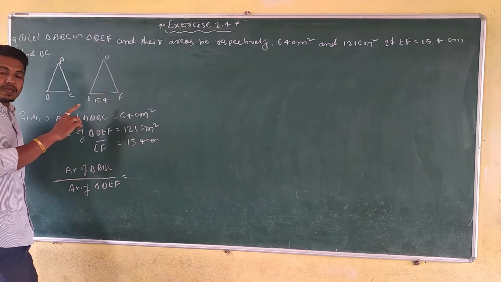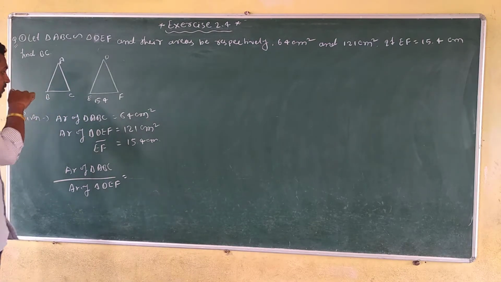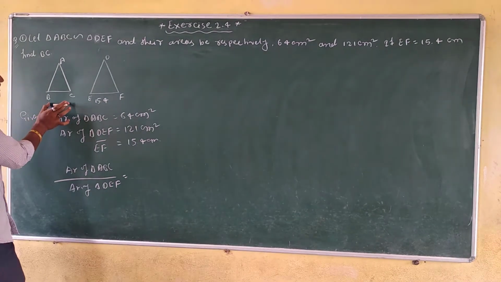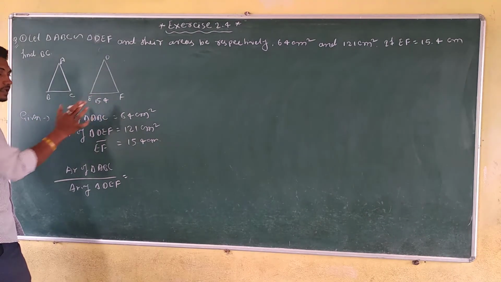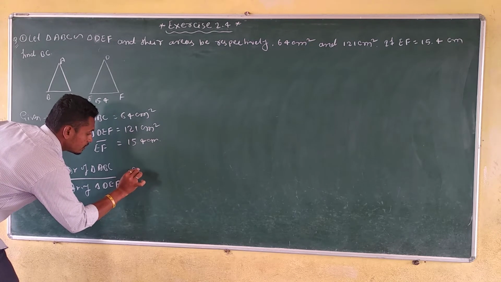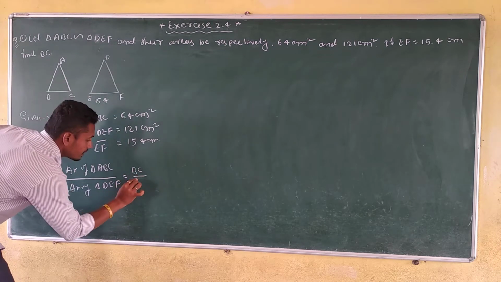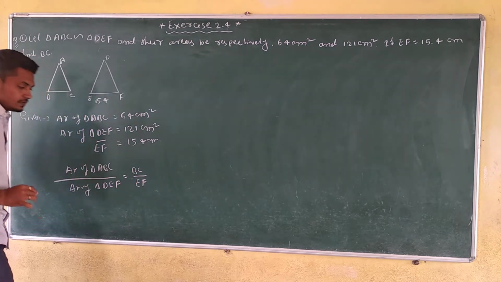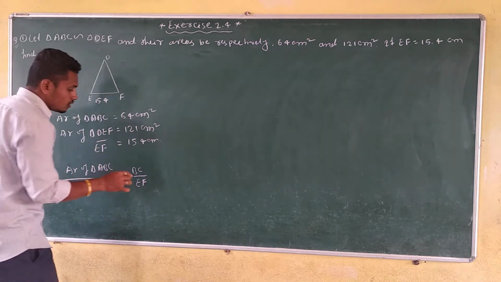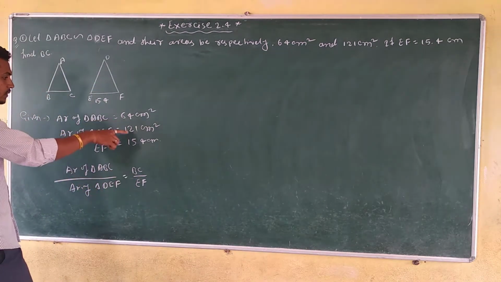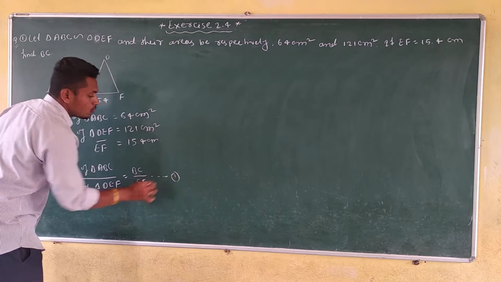Now we need only these sides, BC and EF. So right here, BC divided by EF.